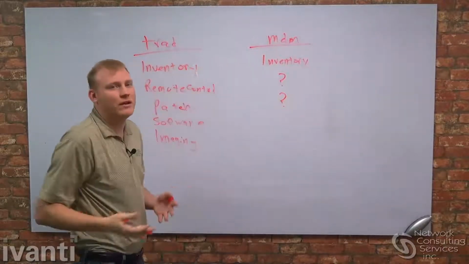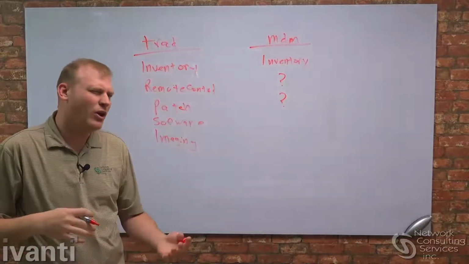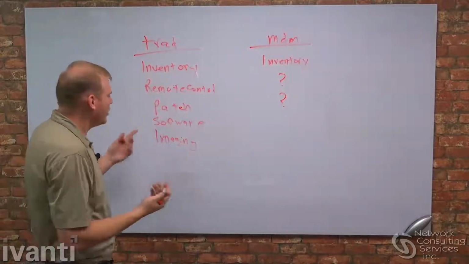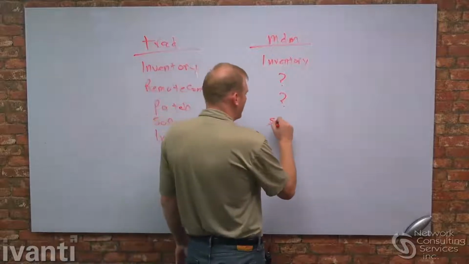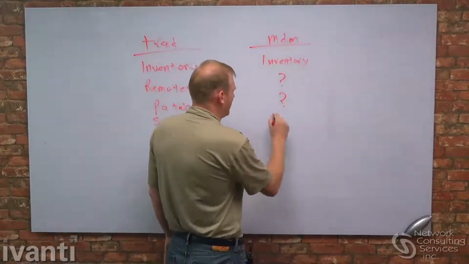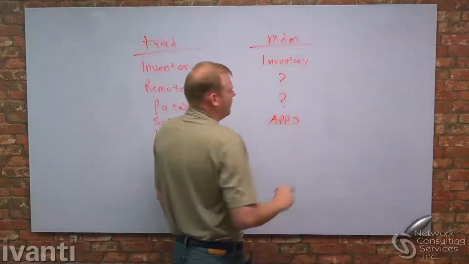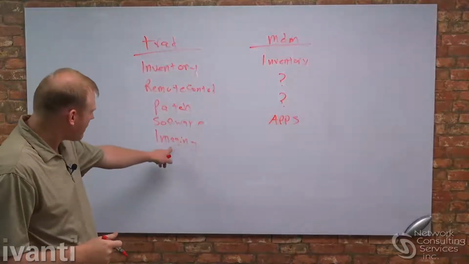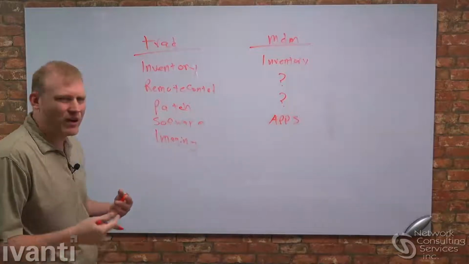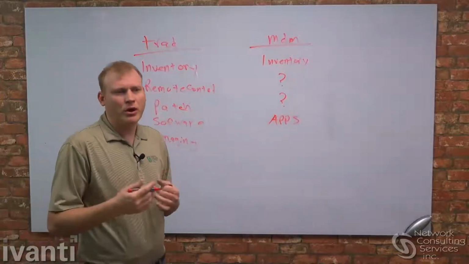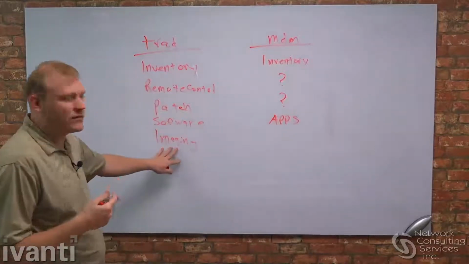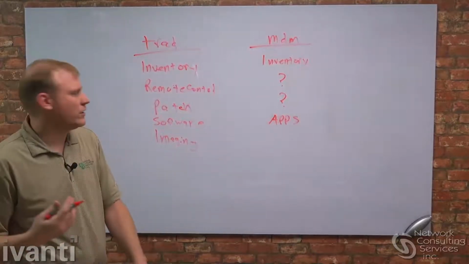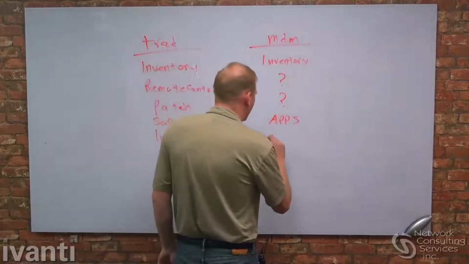Is there a patch management inside of MDM? Well, sort of, not really. It depends on what kind of device and who the manufacturer is. Pushing out software, we usually have that. We have a fancier name for it now, right? Apps. The ability to control what apps get installed on that particular machine. And things like imaging. Well, again, we talked about how we don't put the operating system on there. Somebody else puts the operating system on there, and we just configure it. So we don't image them, we enroll them.